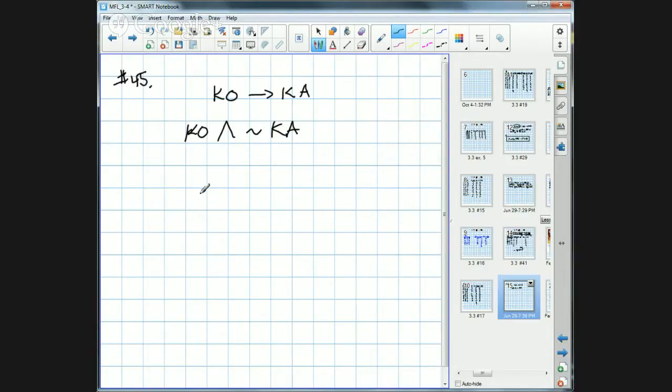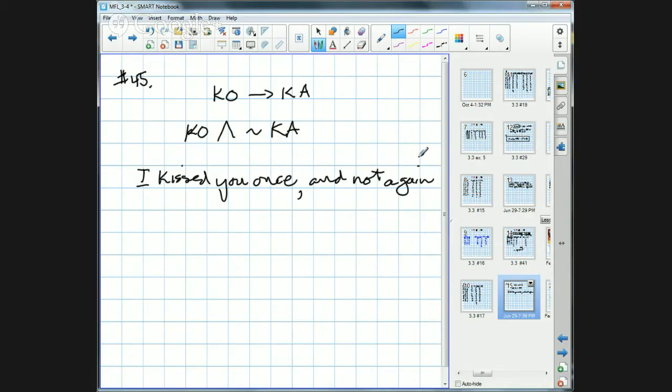Then just write that in words. So I kissed you once, and should I just say not again? Now the book probably has slightly different words, but it should be the same concept.